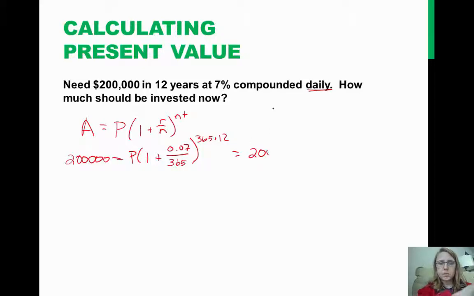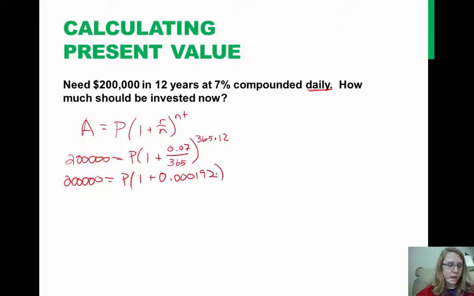So 200,000 equals P times, and let's put that into our calculator, 0.07 divided by 365 is 0.000192, plus 1, and then 365 times 12.